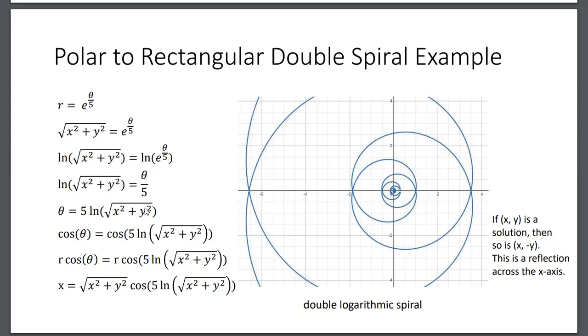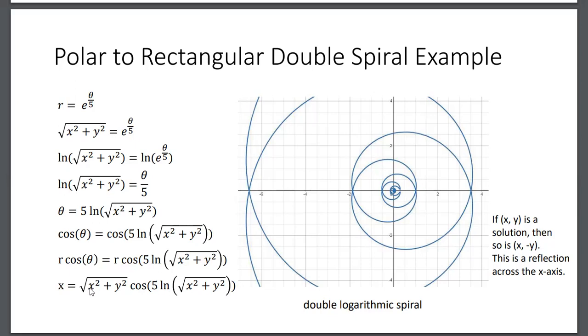Multiply by 5, you get down to this step. Now at this point, take the cosine of both sides. Then multiply both sides by r. We know that r cosine theta is x. So we replace this by x, and we know that r is the square root of x squared plus y squared. So now we end up with this equation here.